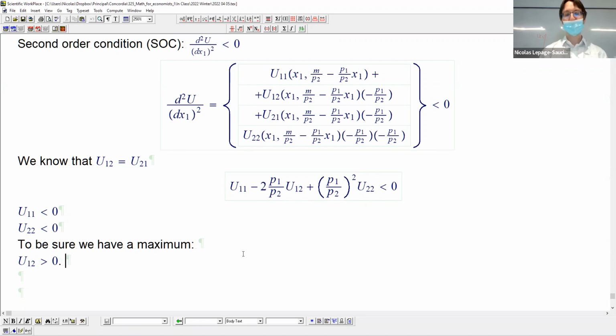And what is this? These are partial derivatives. So can somebody interpret what U12 or U21 is?